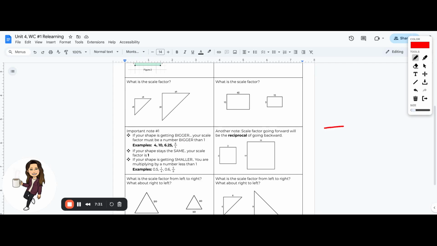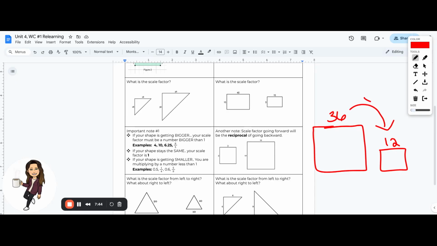Let's say it is 36 and 12, okay? So the first thing you're going to ask yourself is, am I getting bigger or smaller? Well, this is getting smaller, so my answer has to be a fraction, something smaller than 1, okay?